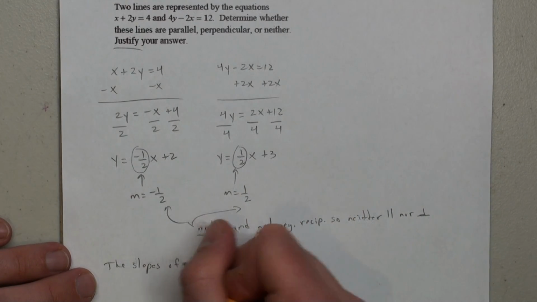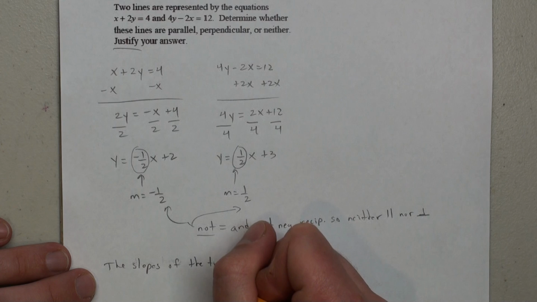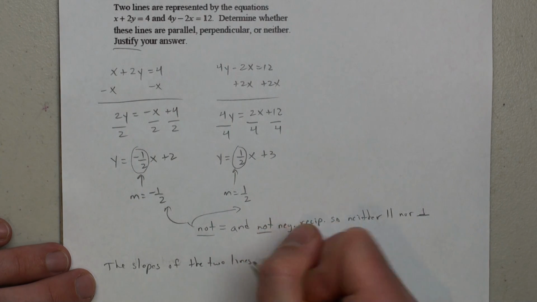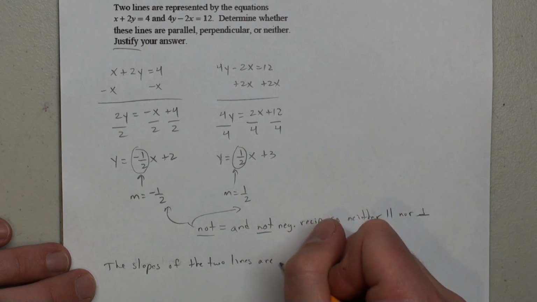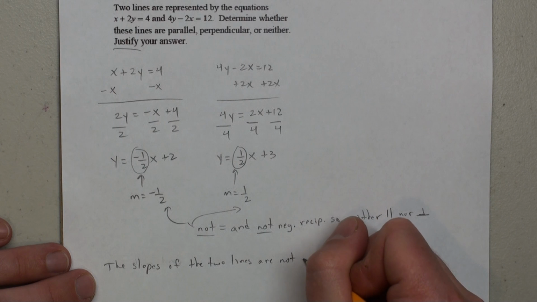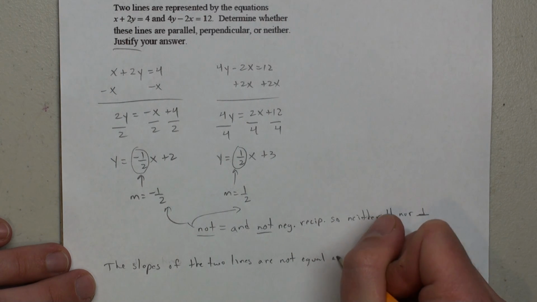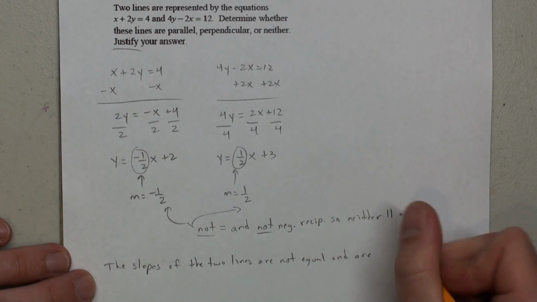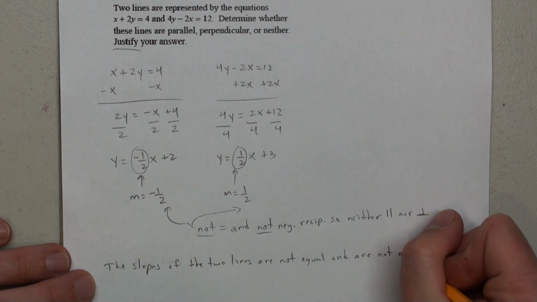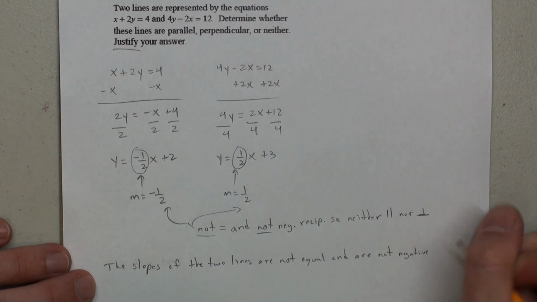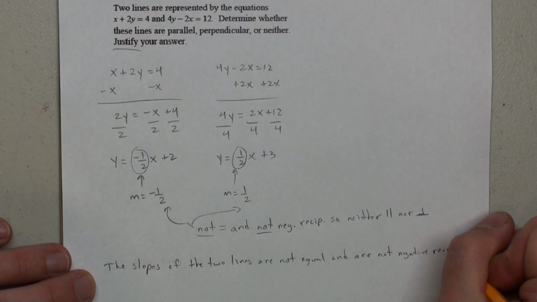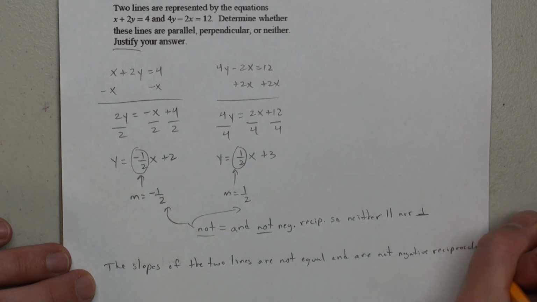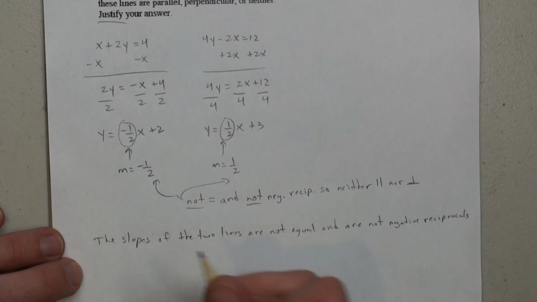The slopes of the two lines are not equal and are not negative reciprocals.